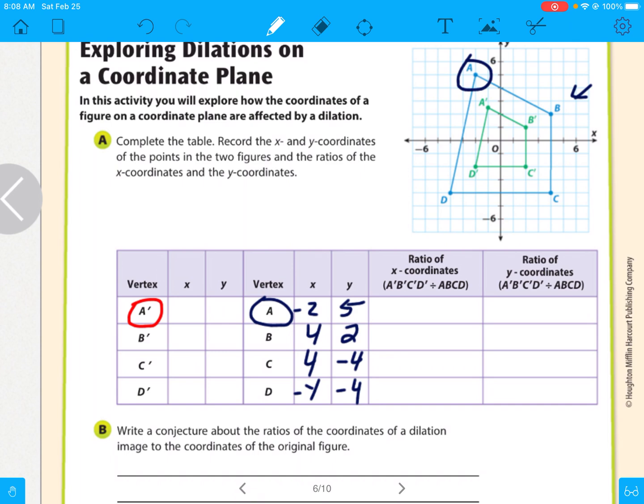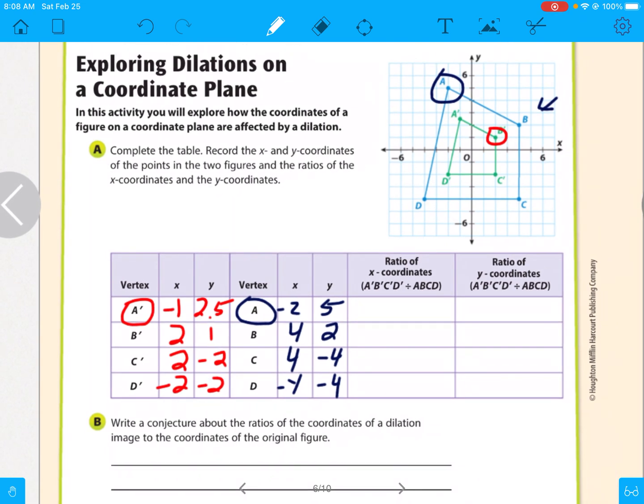A prime is at -1, and then it's right between the 2 and the 3, so I would say 2.5. B prime, which is right here, you start at the origin, go to the right 2, up 1, so we have 2, 1. C prime is 2, -2, and D prime is -2, -2.